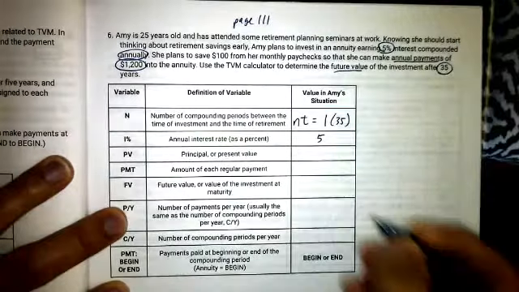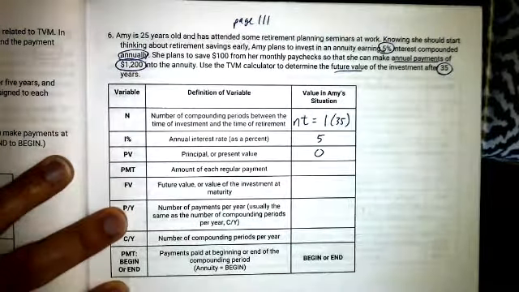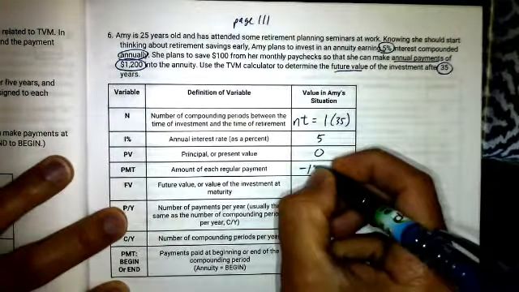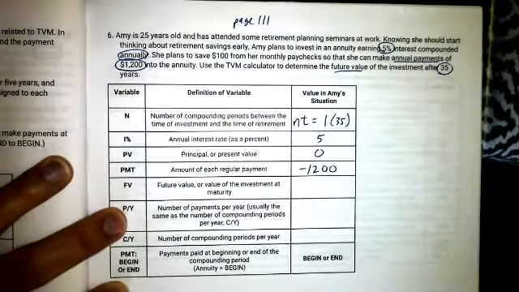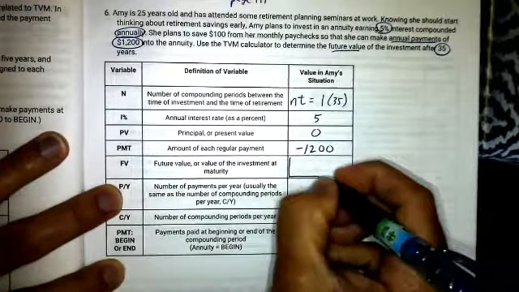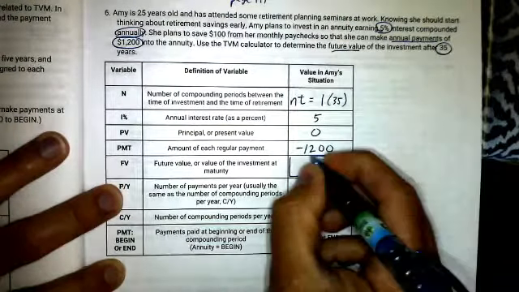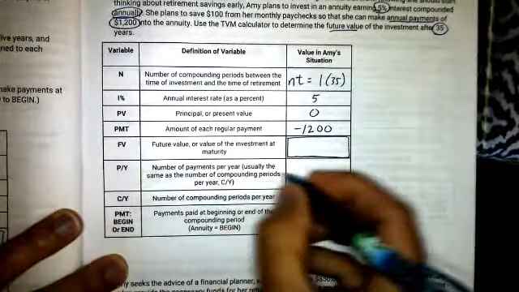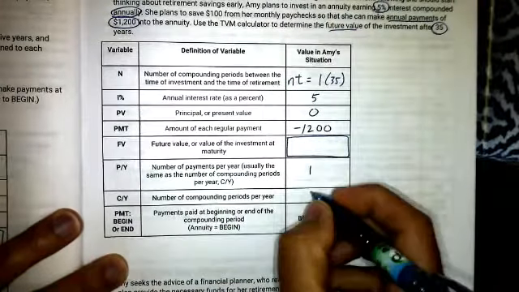Future value, that's what we want to look for. Payments per year, one payment per year, and that interest is going to be compounded one time a year as well. And because this is an annuity, she needs to have some money in there to start. So we're going to have her invest that $1,200 to start.